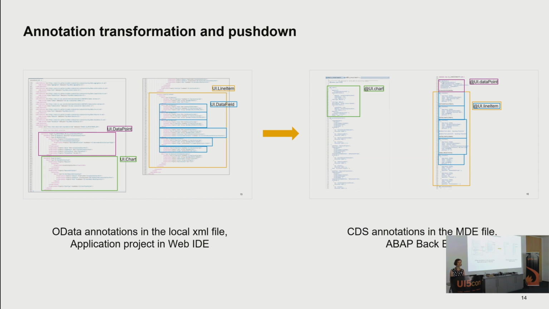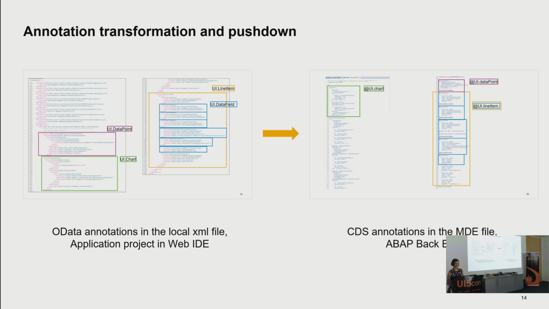As you know, at least those of you who already worked with Fiori Elements and developed for it, the ABAP backend also has annotations, but they have different semantics and different structure, and these are called CDS annotations.